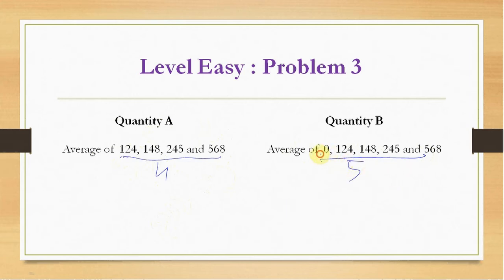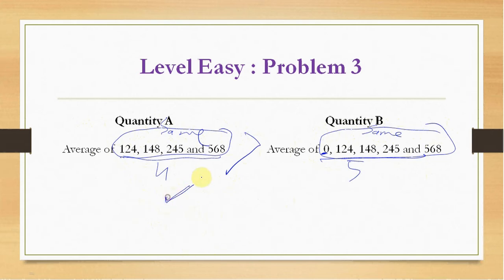But one of the observations is 0, so the sum of these 4 numbers and the sum of these 5 numbers will be the same. Therefore quantity A is greater because we're dividing by a smaller number.